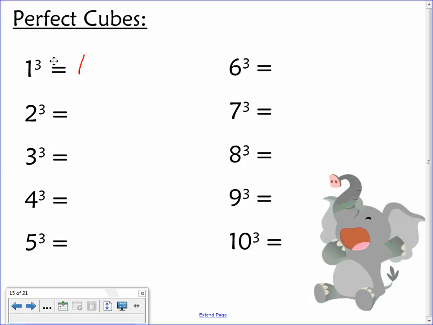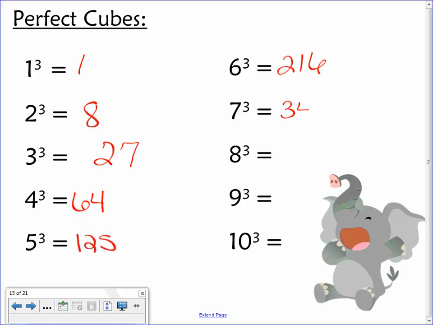So 2 cubed is 8. 3 cubed? 3 squared is 9. 4 cubed is 64. 5 cubed? 6 cubed? 7 cubed? 8 cubed? I know most of them by heart. 9 cubed? 10 cubed?